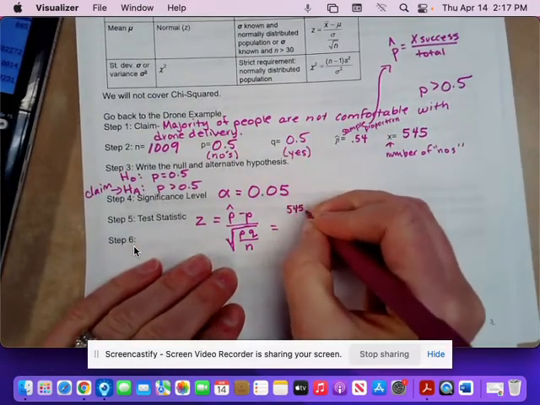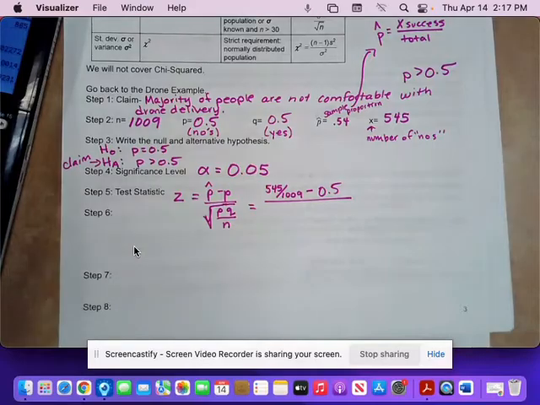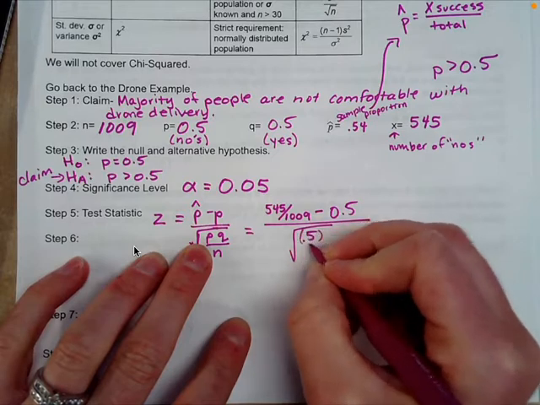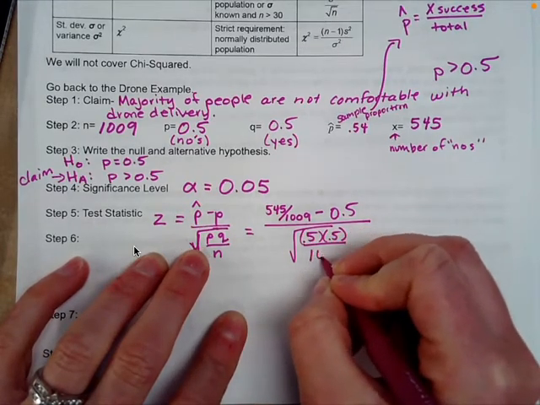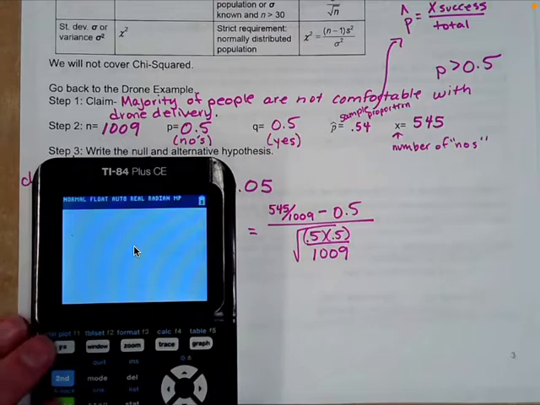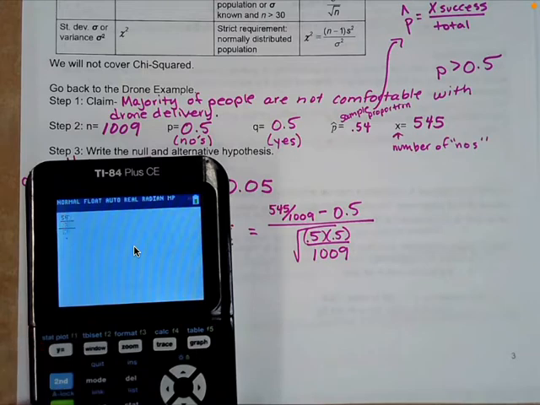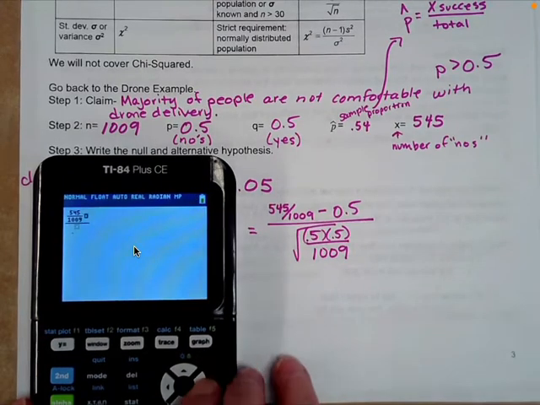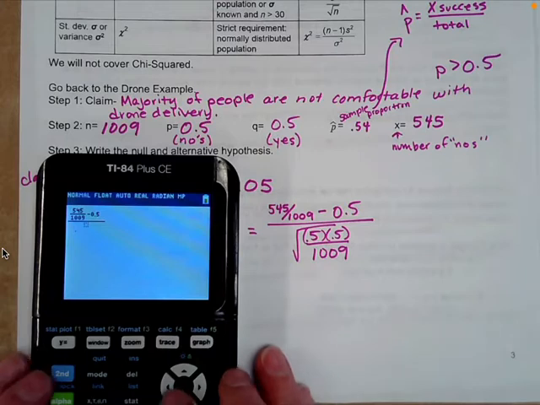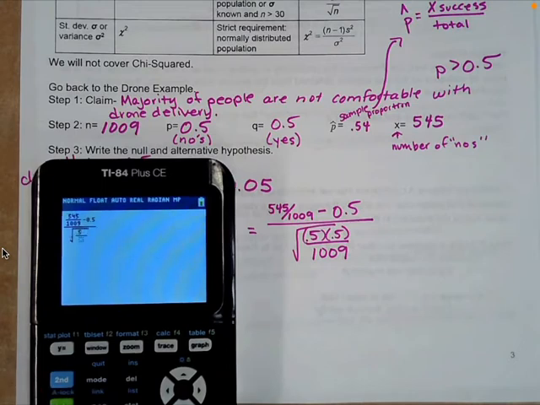So 545 over 1,009 minus the p, which is 0.5, over square root of p times q over n. Lots of fractions in this.